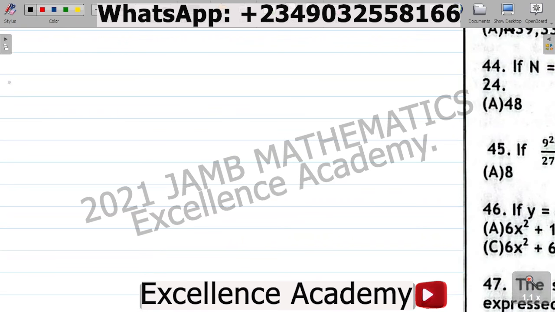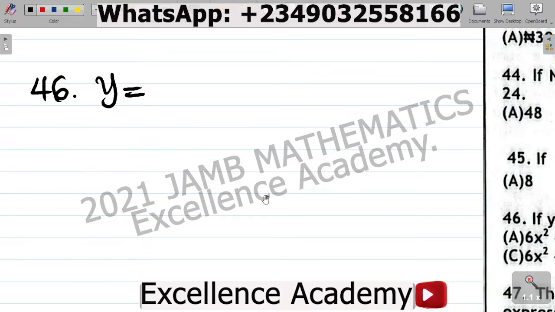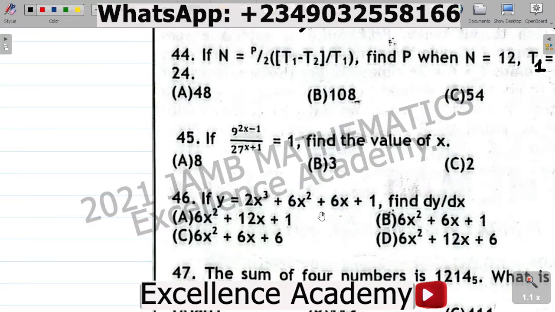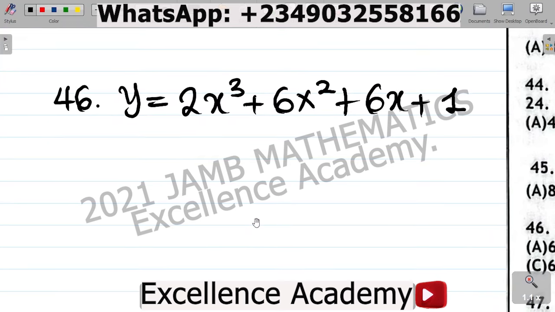For question number 46, we have that y is equal to 2x cubed plus 6x squared plus 6x plus 1.